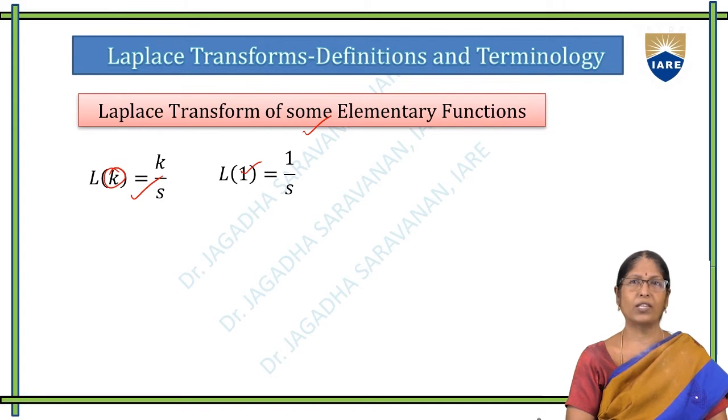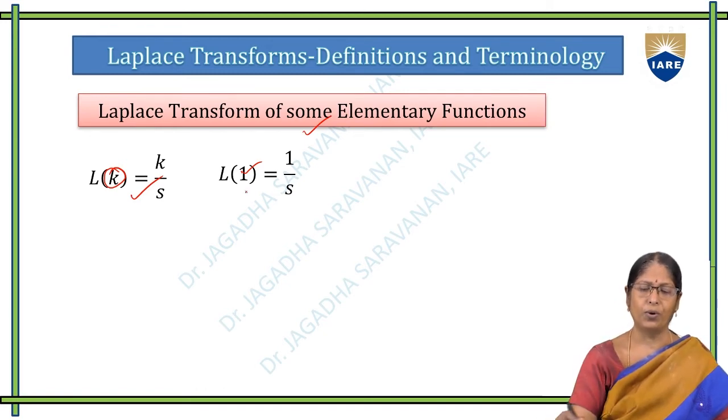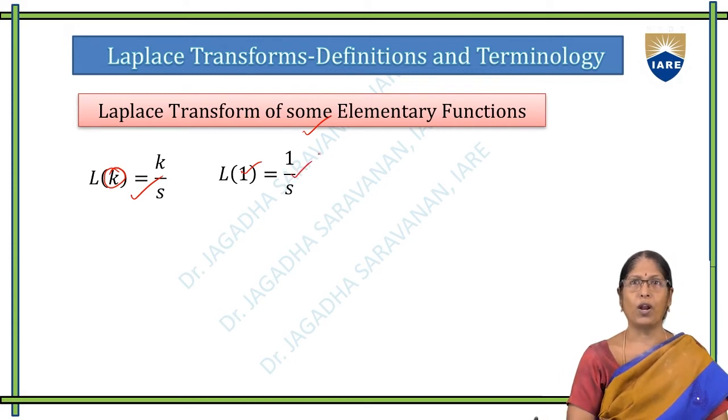In our Laplace transform formula, integral 0 to infinity e power minus st f of t dt, our f of t to be replaced by 1. Same procedure if we do, we will obtain the result 1 by s. But while solving the problem, if L of 1 comes, we can write it, since L of 1 equal to 1 by s. Like that, whatever elementary functions are there, we can use it.